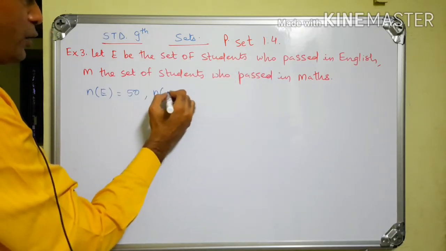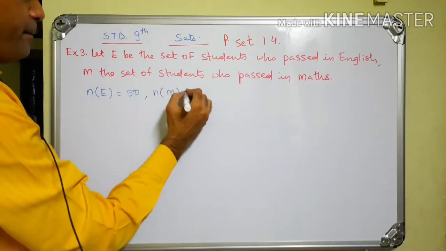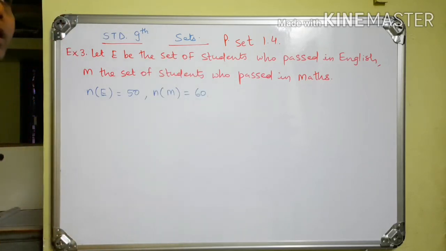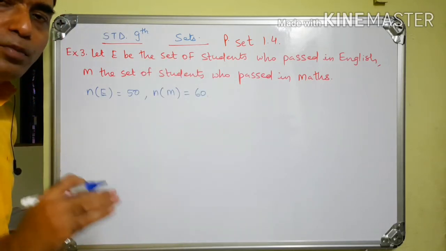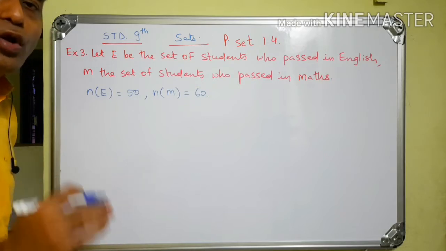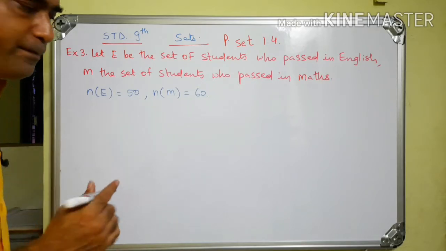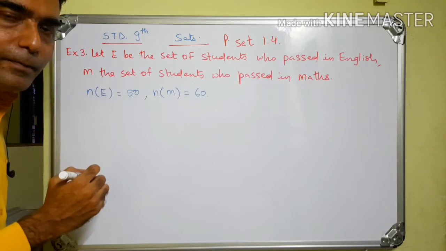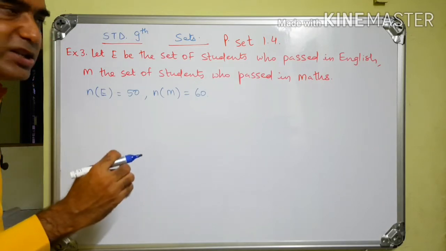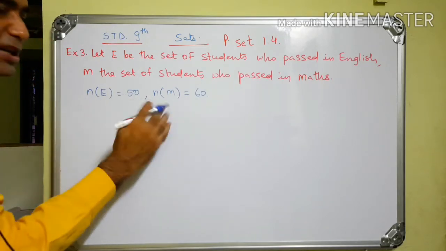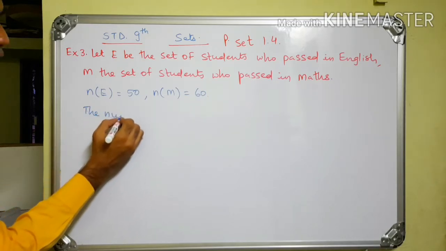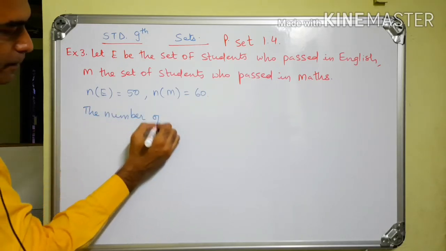Therefore, the number of elements in set M equals 60. Now, there are 40 students who passed in both the subjects. So what set will represent them? उनके लिए कौन सा सेट लिखेंगे? Yes, we will write the intersection set, E intersection M.